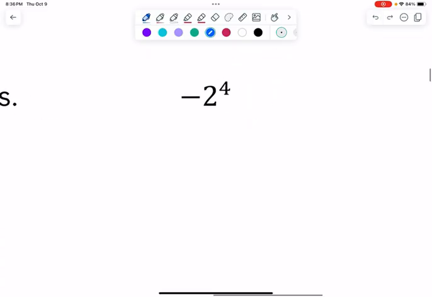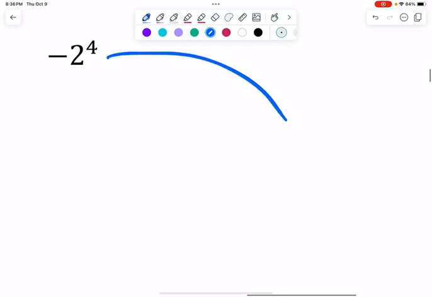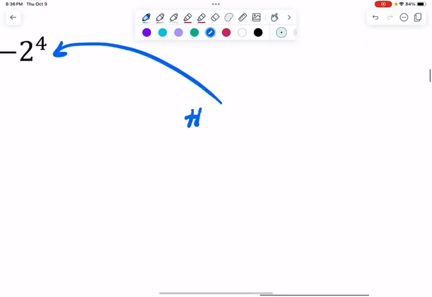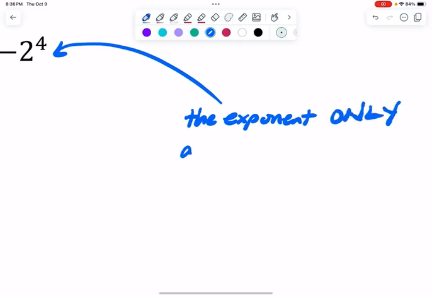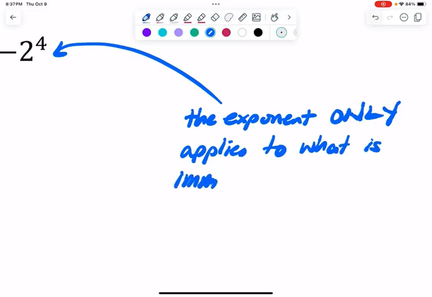And I'm going to write that right down. Okay, that arc went a little weird. Nailed it. So, the exponent here only applies to what is immediately next to it.